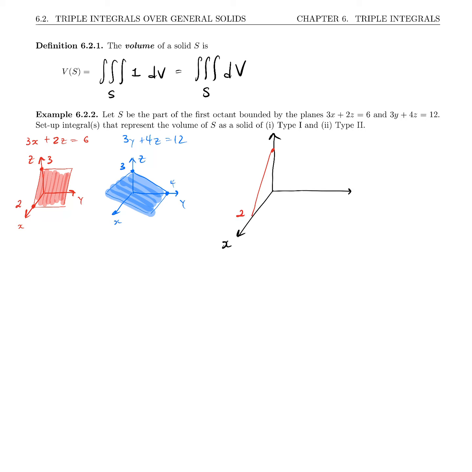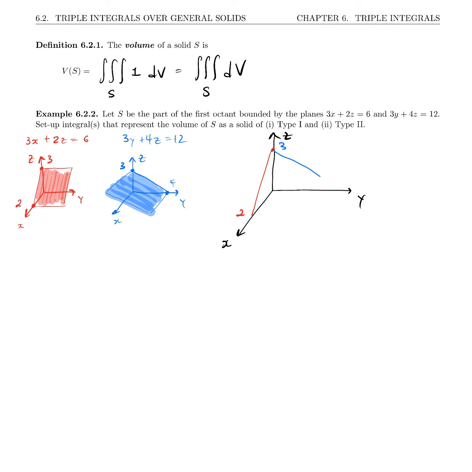We know that, so this is again 3, the other goes out to 4 on the y-axis. This plane comes out like this, this plane comes out like this, and they meet when x is 2 and y is 4. So that's the point 2, 4, 0 down in the xy plane.